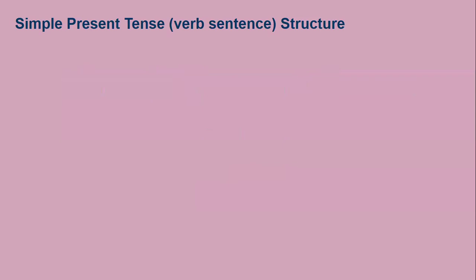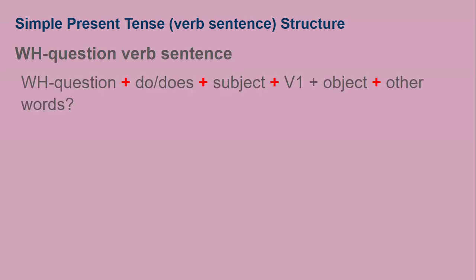So the simple present tense verb sentence structure, WH question, verb sentence, meaning that it is a WH question that contains a verb in it, a real verb, not a verb to be, but a real verb or an actual verb. The structure is as follows.